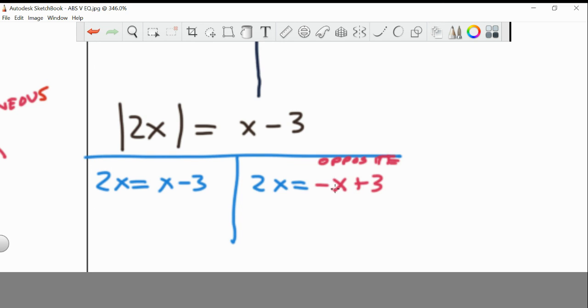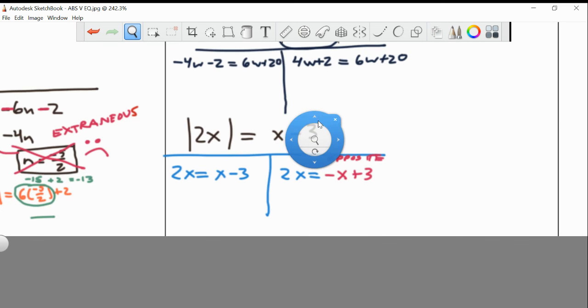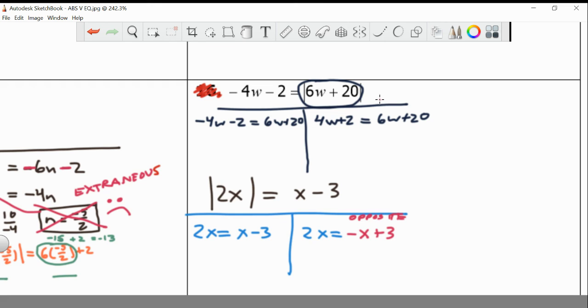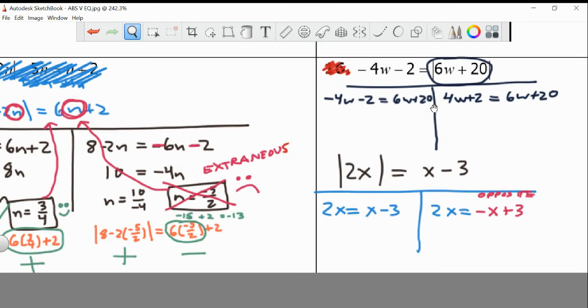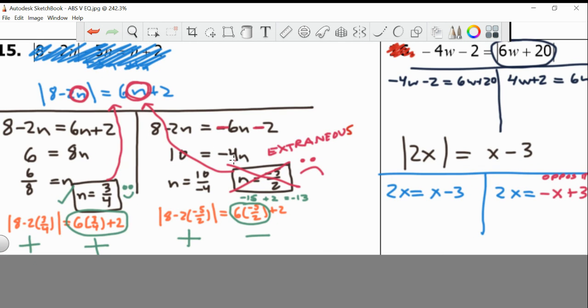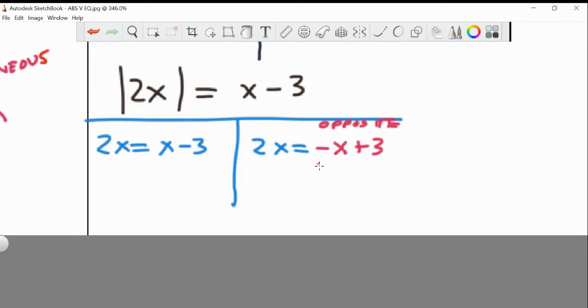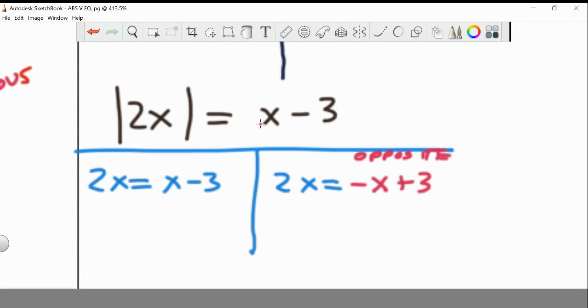Okay? These two things don't have to be the same sign, right? They were the same sign in this question, number 16. They were the same sign in this question, number 15. But if we look at this one that I just made up, positive x negative 3, but then that needs to become negative x positive 3 on the opposite side.